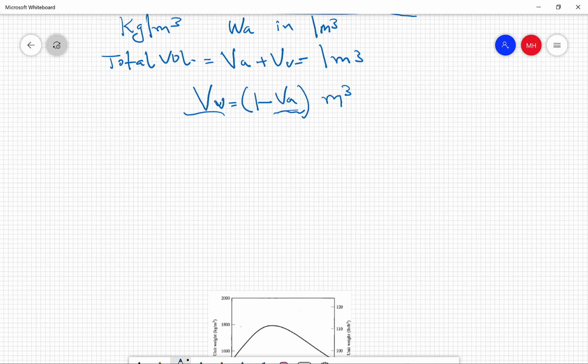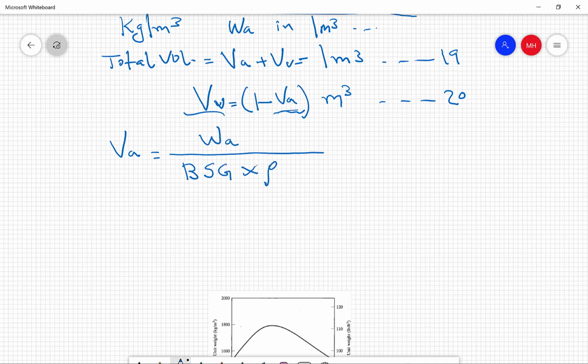And again, based on the preceding equations, we can get the volume of the aggregate. Okay, I lost track of the number, and let me go back. This is equation number 19 here. This is equation number 20. Keep track. So the volume of the aggregate will be equal to, based on what we have presented above, the weight of the aggregate divided by the bulk specific gravity times density of water.